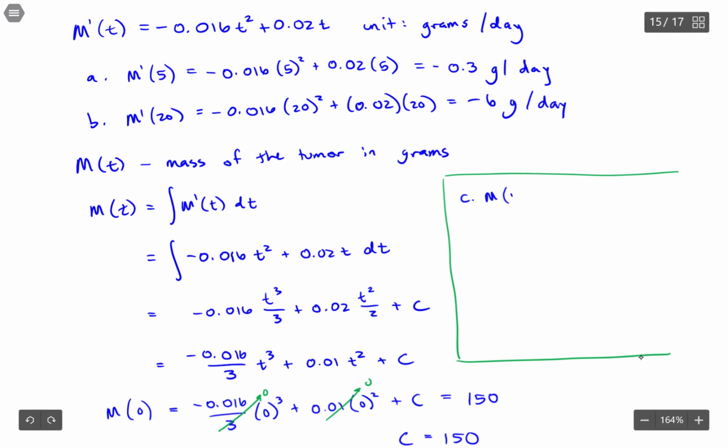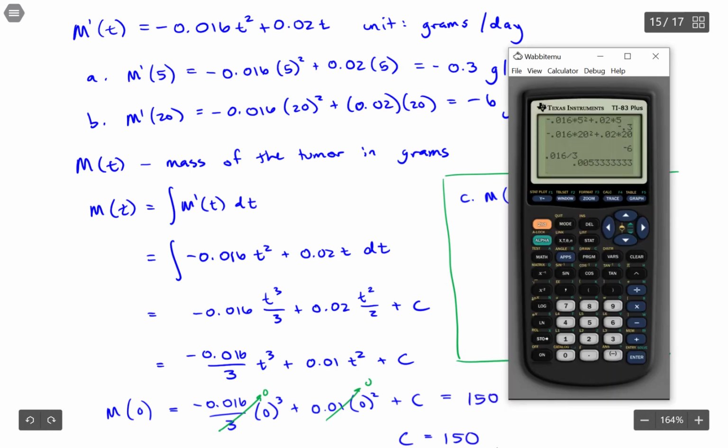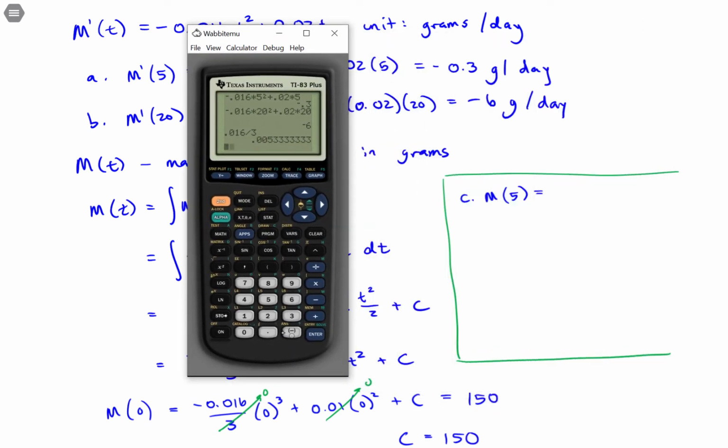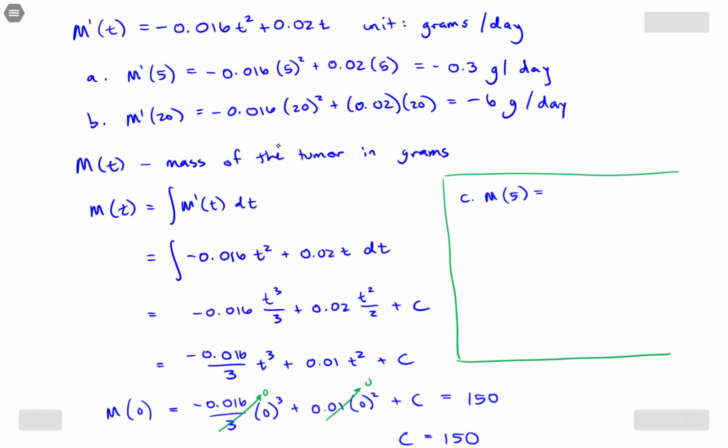So the mass of the tumor after 5 days would be, in this case, negative 0.016 over 3 times 5 cubed plus 0.01 times 5 squared plus 150. So after this number of days, 5 days, the mass of the tumor is still 149.6 grams.